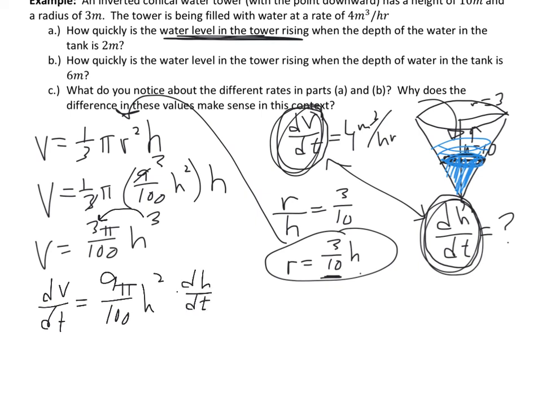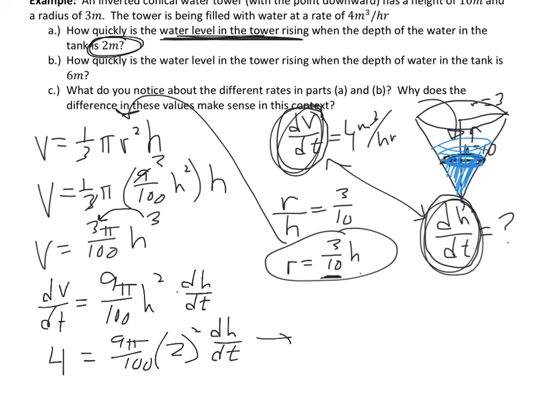Okay. And at this point, I can plug in all the stuff that I know. dV/dt is 4. 9 pi over 100, we already knew. H, for us, it said how quickly is the water level in the tower rising when the depth is 2 meters. So that means the current depth is 2, and then dh/dt is what I want to solve for.